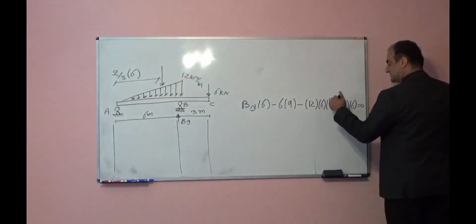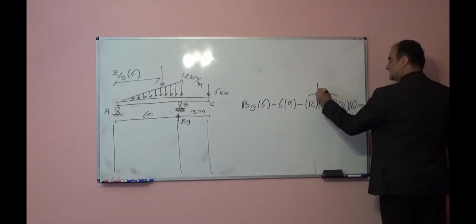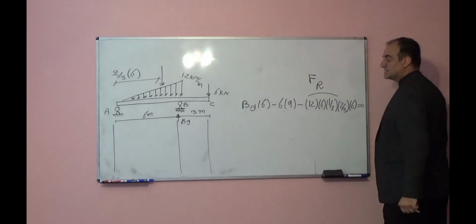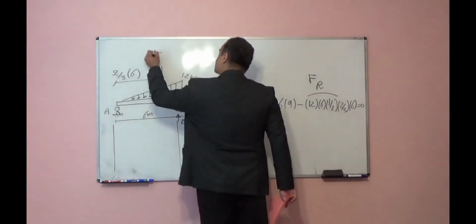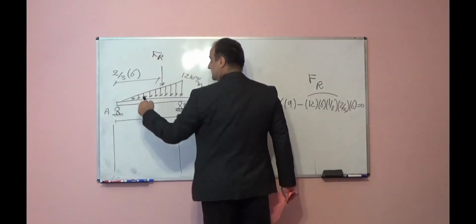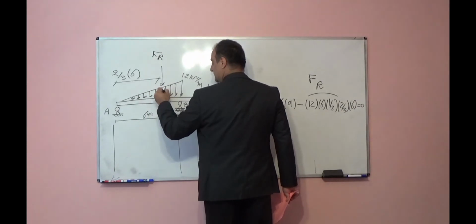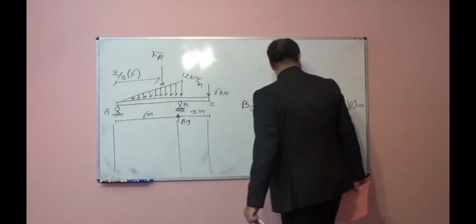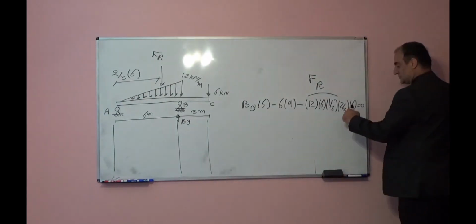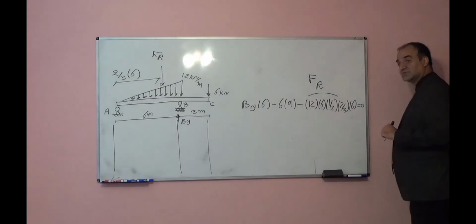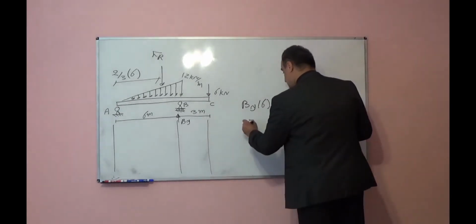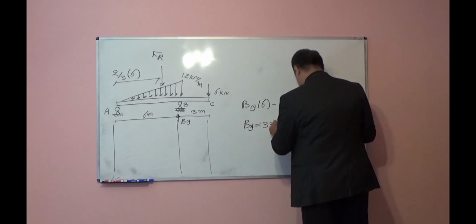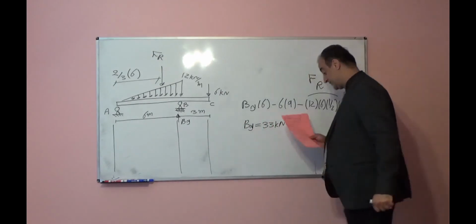So 12 times 6 times 1 over 2, this is resultant force. Times, where is the resultant force location? It is in the centroid of triangle, so 2 over 3 times 6 from point A times distance, 2 over 3 times 6 is equal to 0. From here, I can find By. It will be 33 kilonewton.